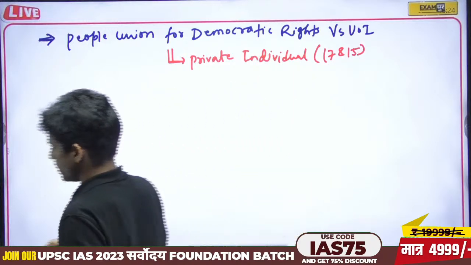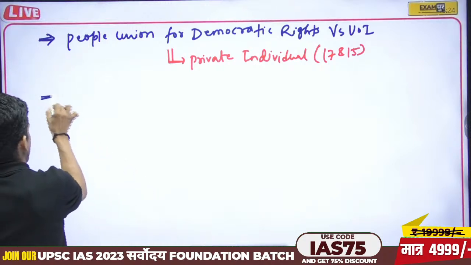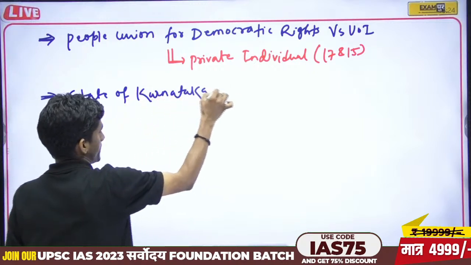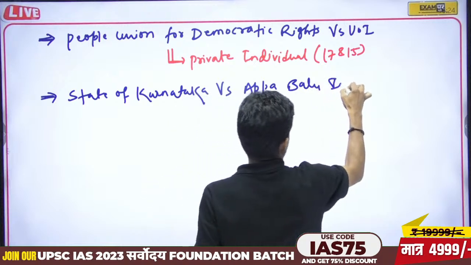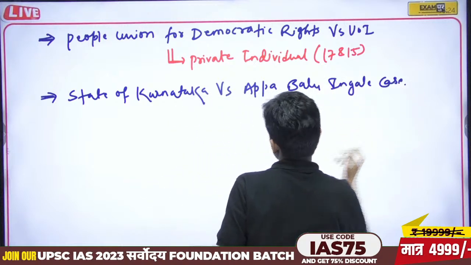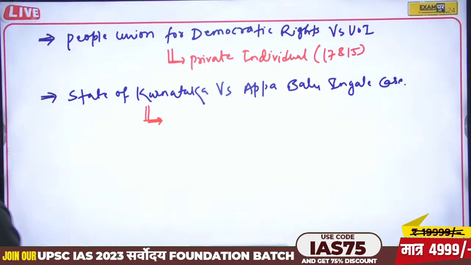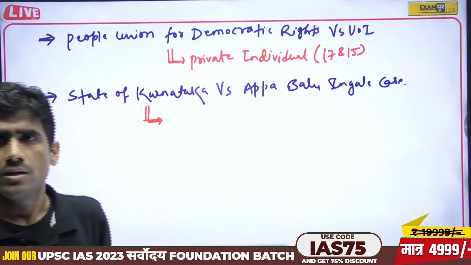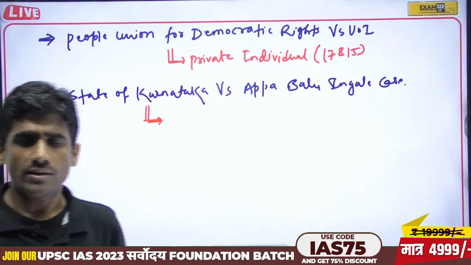Now again a very good judgment: the State of Karnataka versus Appa Balu Ingle case. Under this case, on the basis of caste and religion, you cannot restrict or disable any person.